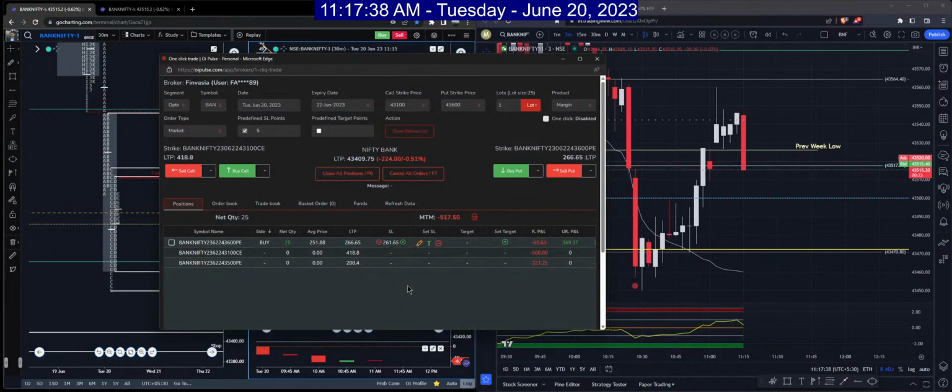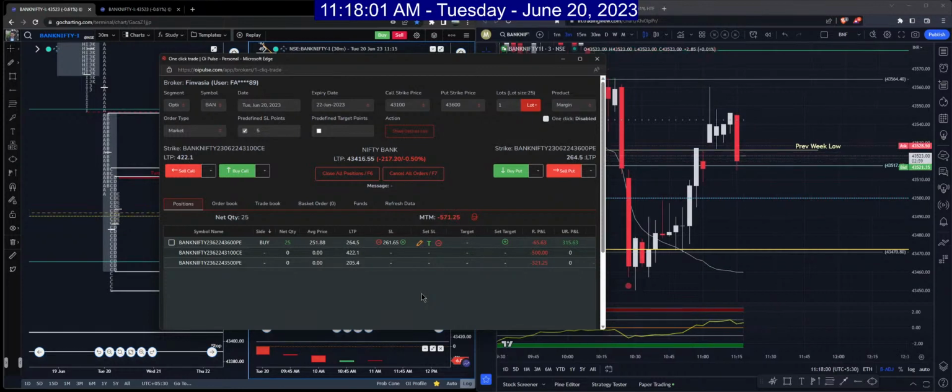I'll keep it at 261, a 5-point SL. Yep. Will it hit my SL?